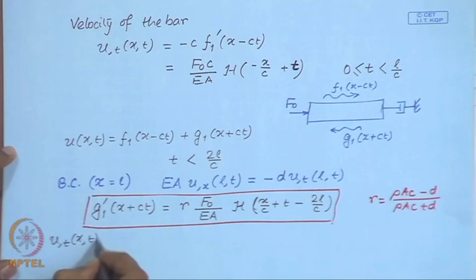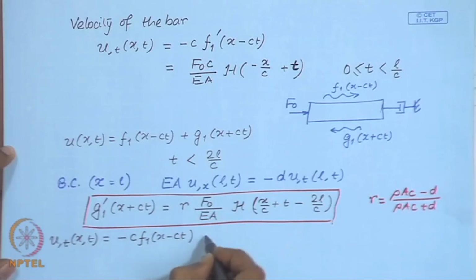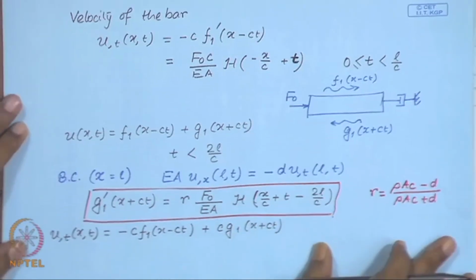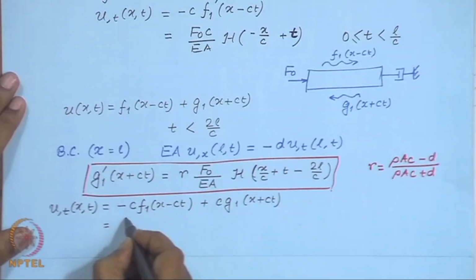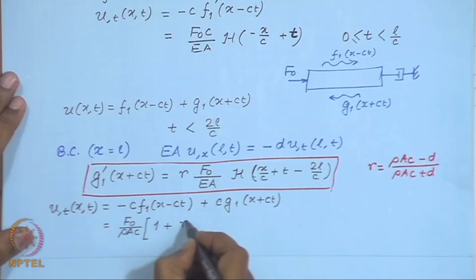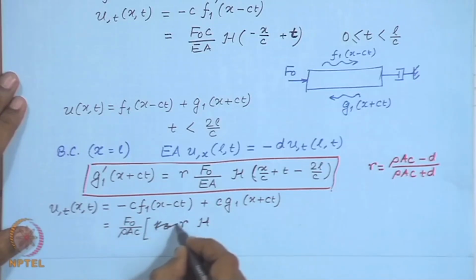So, then once again you can write down the velocity of the bar. So, velocity of the bar is given by minus C f 1, and that turns out to be... so, let me first write down.